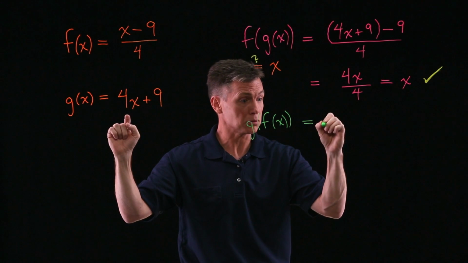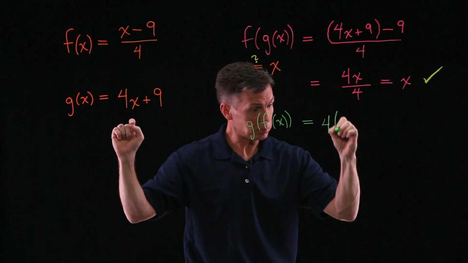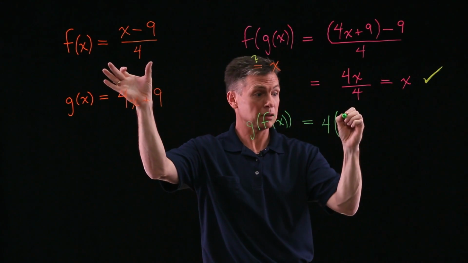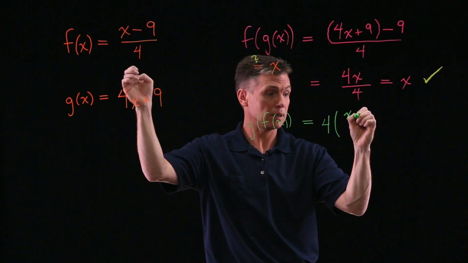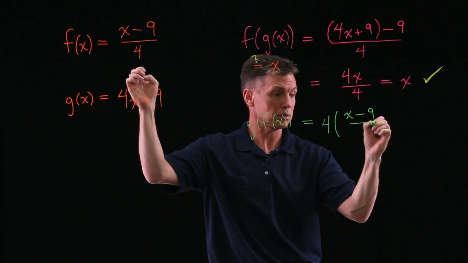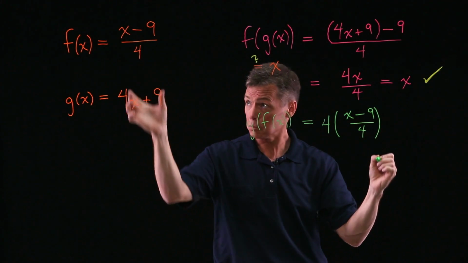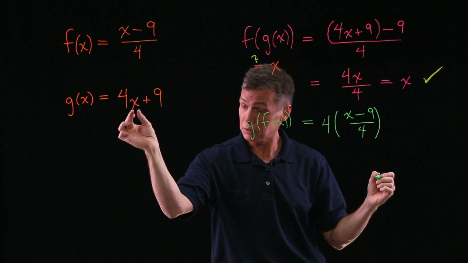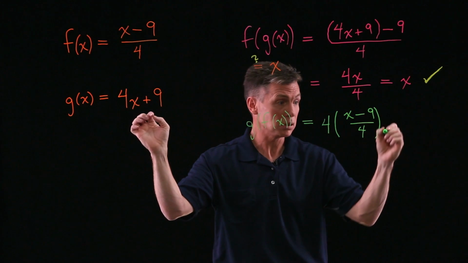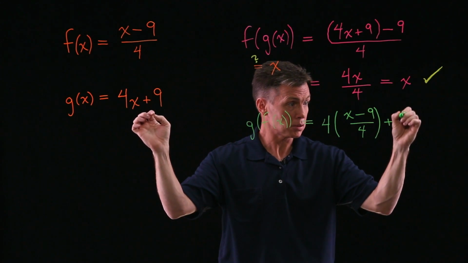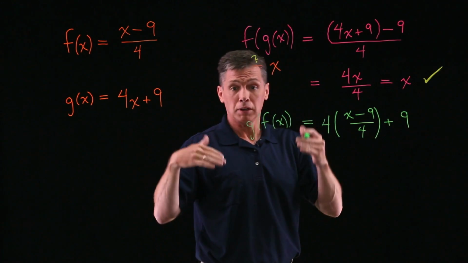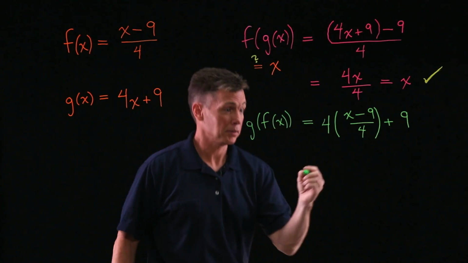So start with the 4, multiply by the entire f of x function, x minus 9 divided by 4. Close my parentheses because I'm done with putting f of x in for x. Pick up with whatever's left over in your g of x function, plus 9. And then, as always, simplify.